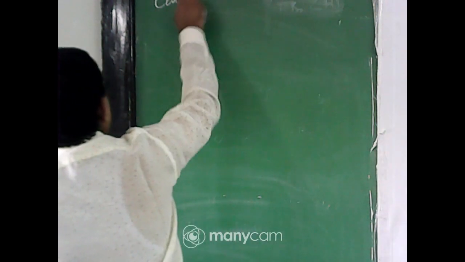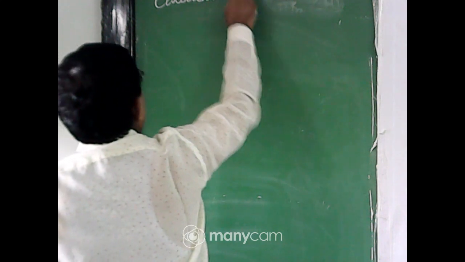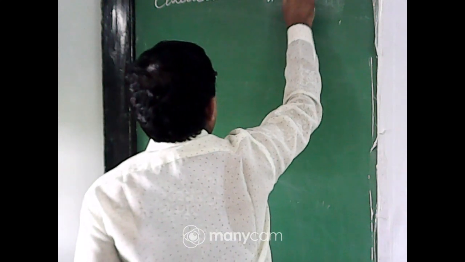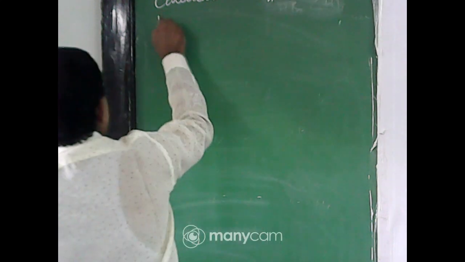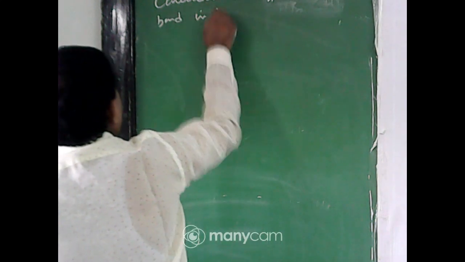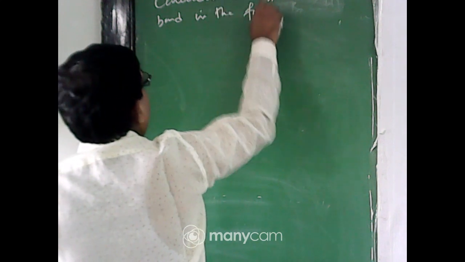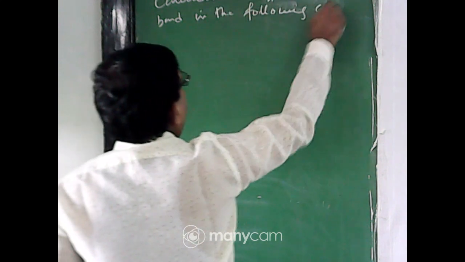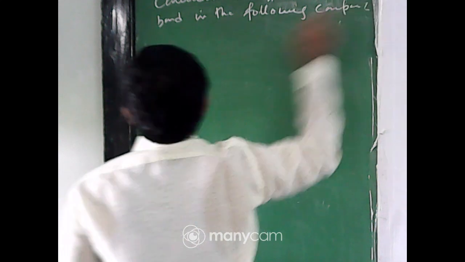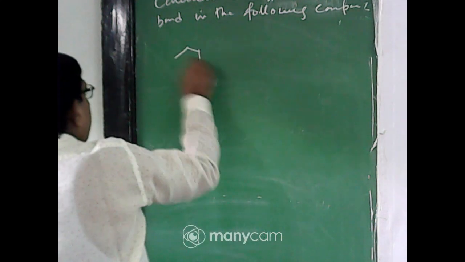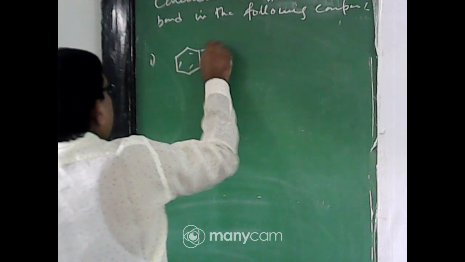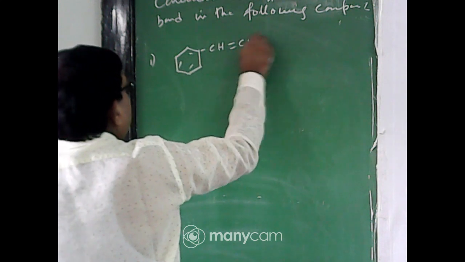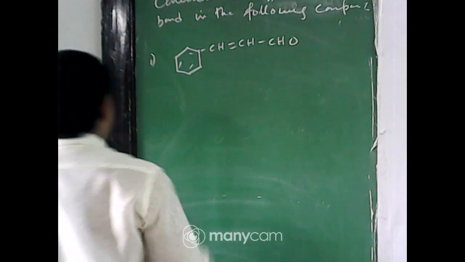Calculate the number of sigma bonds and pi bonds in the following compounds. First take number 1, benzene ring, CH double bond CH, single bond CHO.